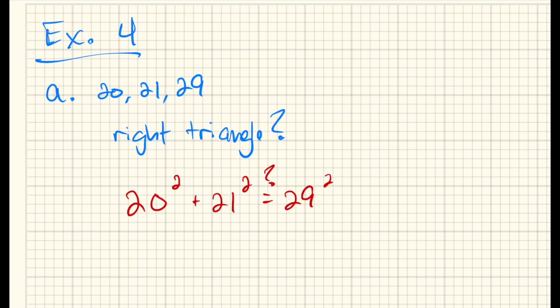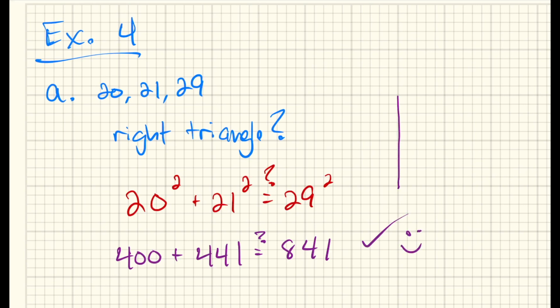Going to our calculator, 20 squared is 400, 21 squared is 441, 29 squared happens to be 841, and so, yes, it turns out there is a 20, 21, 29 right triangle that would look something like this, scaled up, but it definitely is a right triangle.